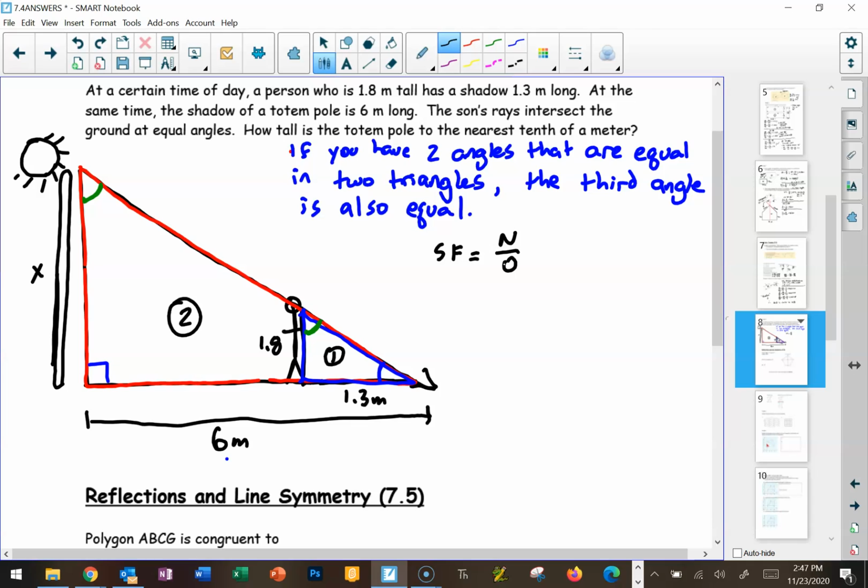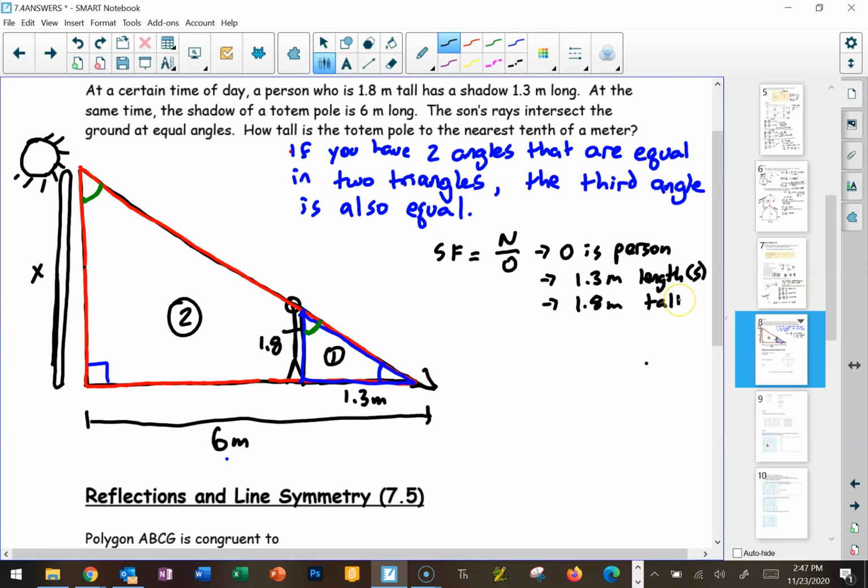It doesn't matter. I'm going to pick the person to be the original one. So O is person, and what that means is let's look at the 1.3 meter length for shadow, and then 1.8 meters tall.